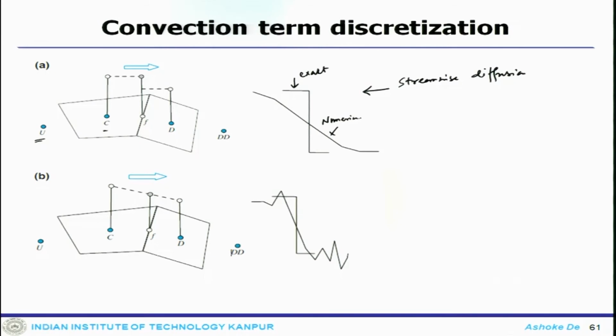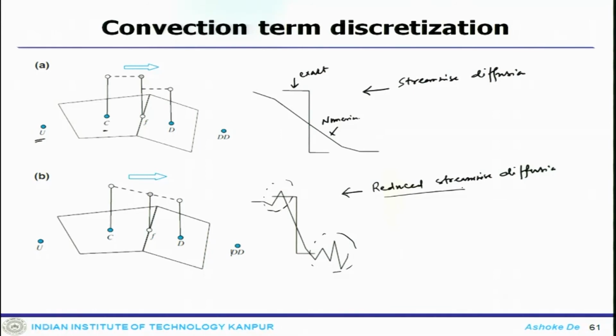In this profile, if you look at it, this is the reduced streamwise diffusion by using some sort of a higher order profile. But as soon as you use a higher order profile, you come across this kind of wriggles or low amplitude oscillations in the solution. But with the higher order profile, the streamwise diffusion can be reduced.